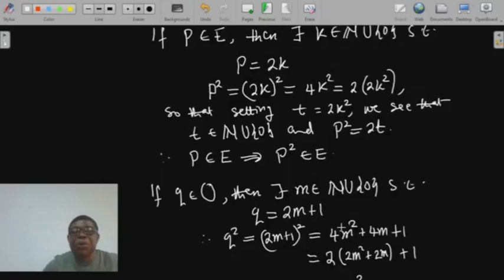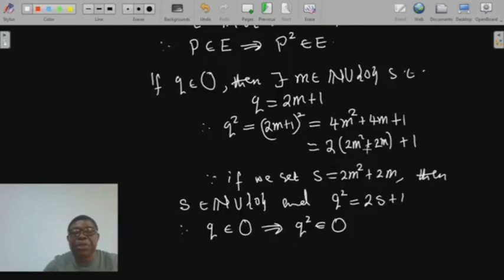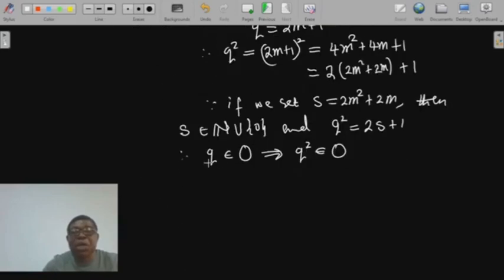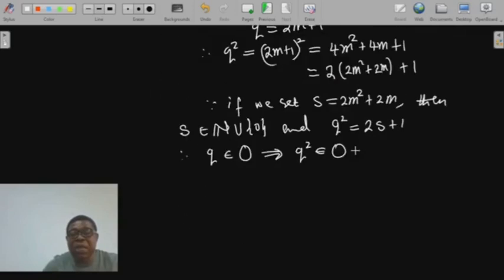Remember that we use O to represent the set of odd numbers. So whenever we take an odd number, its square is again an odd number. And whenever we take an even number, its square is also an even number.